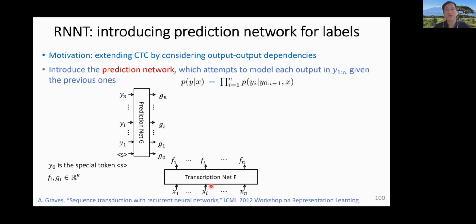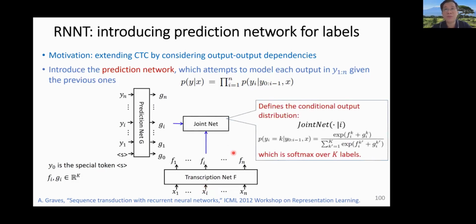In addition to the transcription net and the prediction net, RNN-T introduces the joint net, called JN, to define the conditional output distribution.